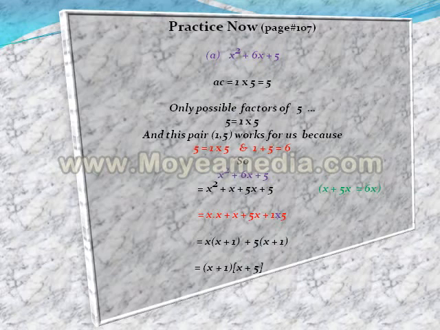The sign between them is multiplication. So we have broken this quadratic algebraic expression into two linear factors, and that is the factorization of this algebraic expression.